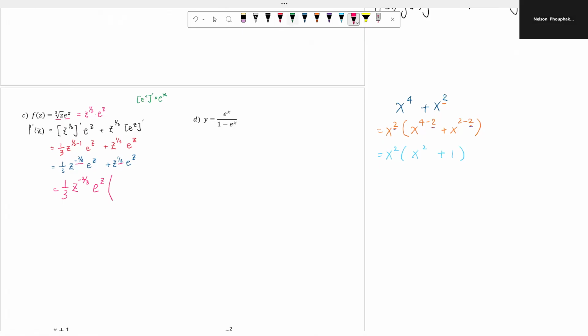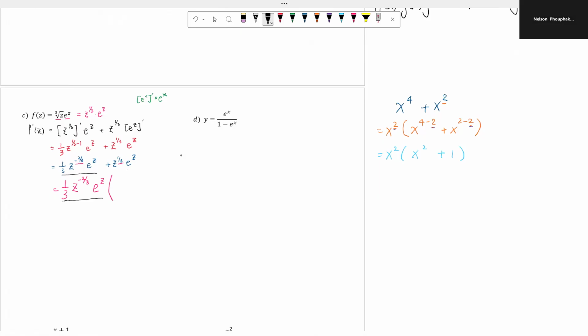Then let's see how we work it out after we take out 1/3, z to the negative 2/3, and e to the z, which is the common factor that we have. To the first term, we take out 1/3, then of course we have 1 here.